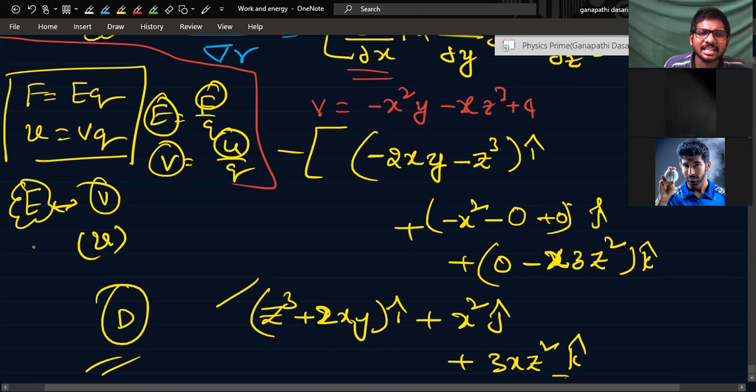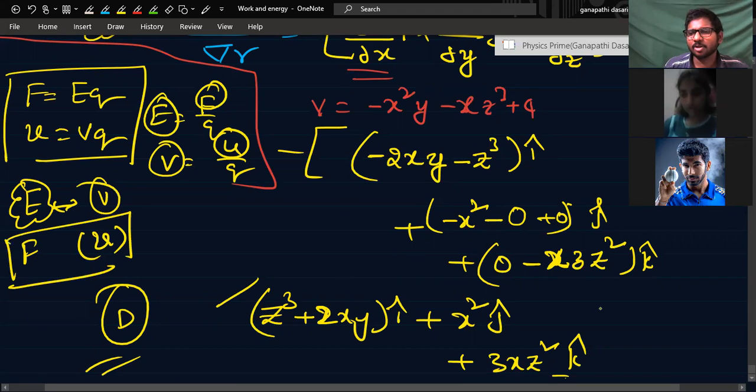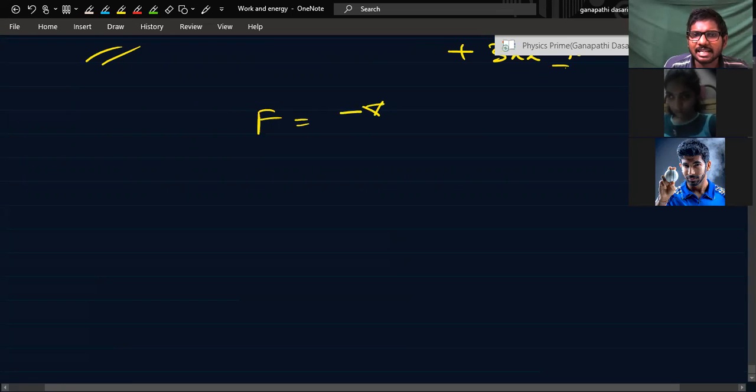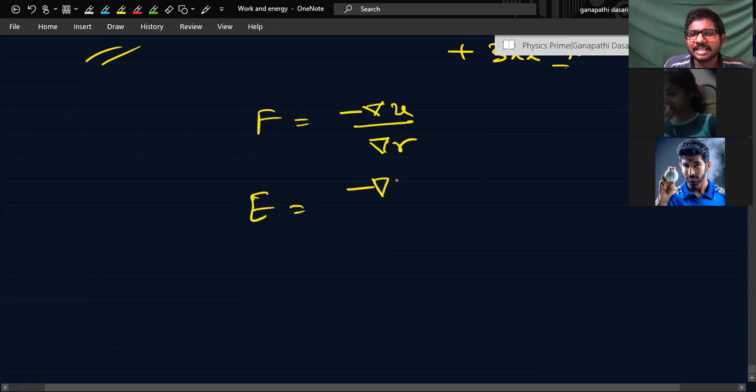Gravitational potential energy and gravitational force are both related with the same relationship. What is the relation here? F is equal to minus del U by del r. E is equal to minus del V by del r. Partial differentiation.